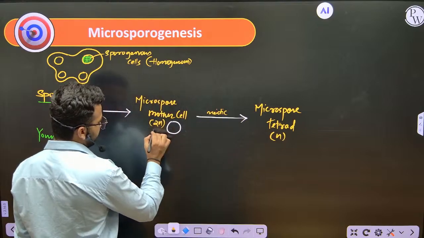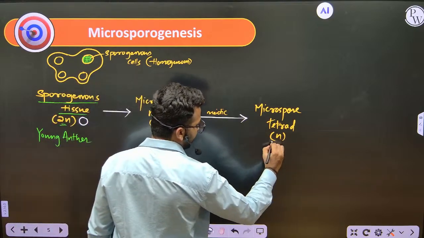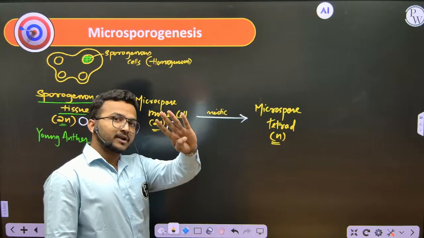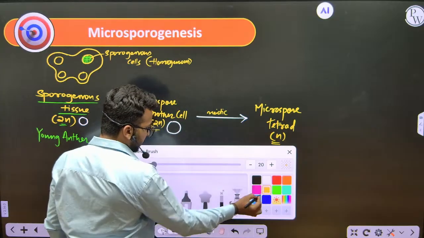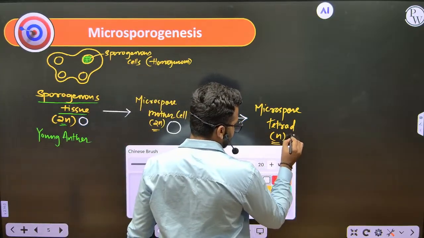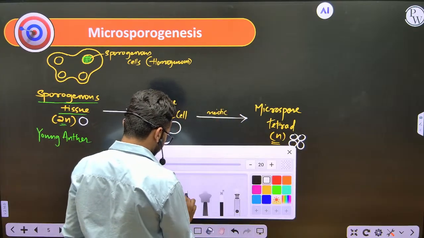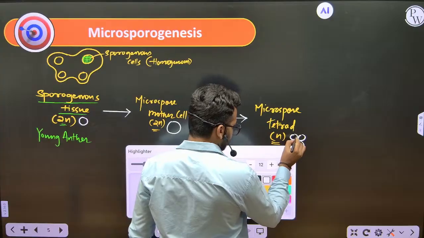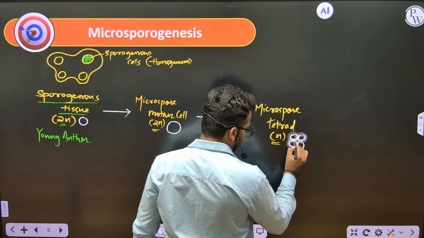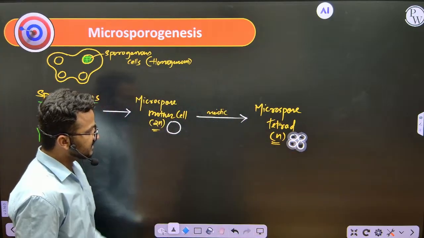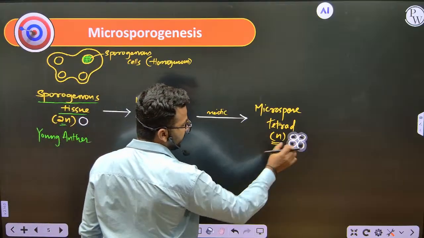So which was in diploid condition, here it is haploid. After meiosis, four daughter cells are formed and attached to each other like this. These are microspores, which are initially in a wet state.